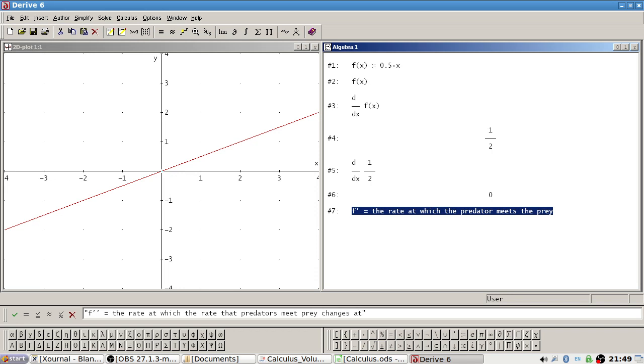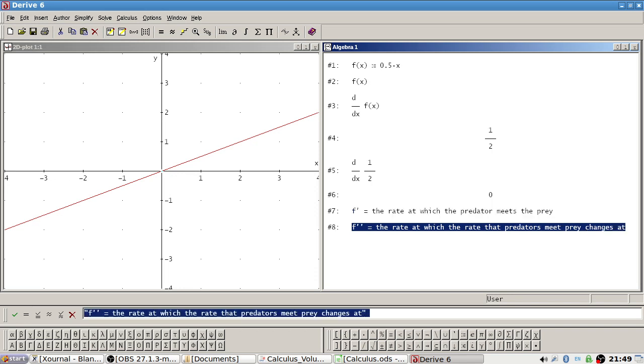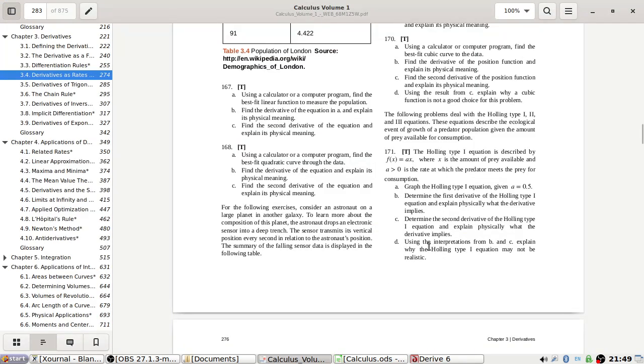So, yeah, the rate at which the predators meet prey changes at. Yeah, okay. And use the interpretations to explain why it's not realistic.